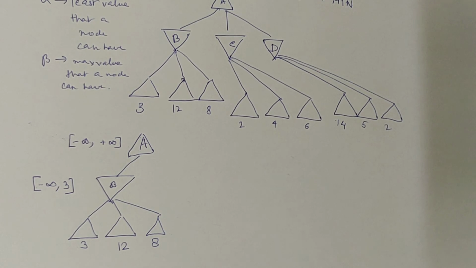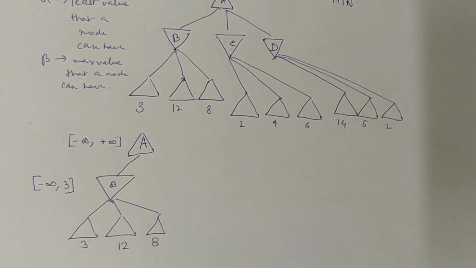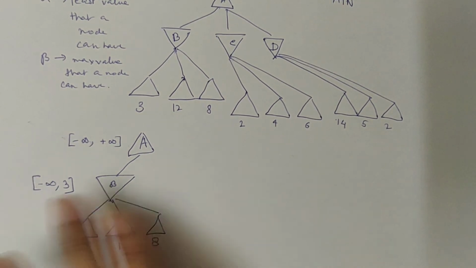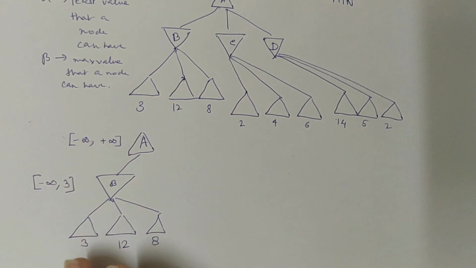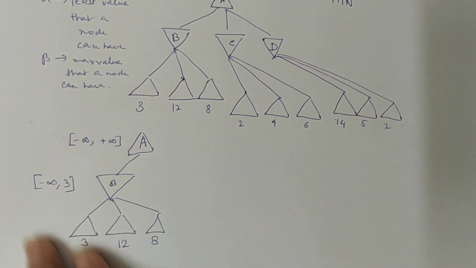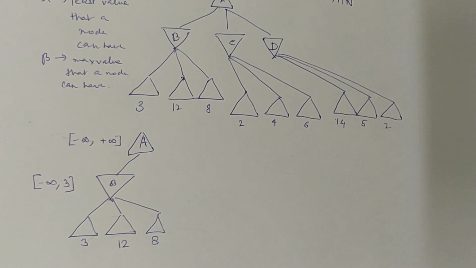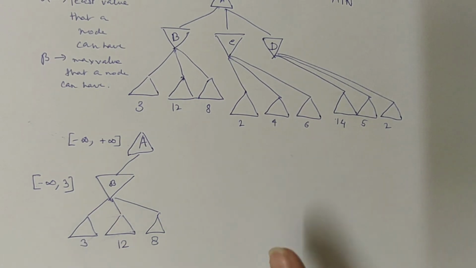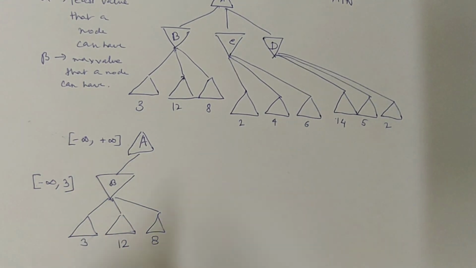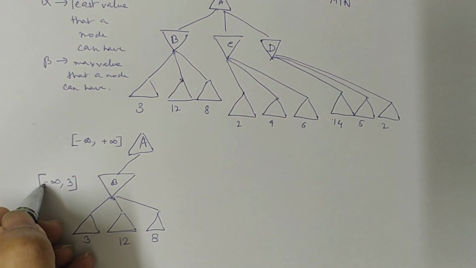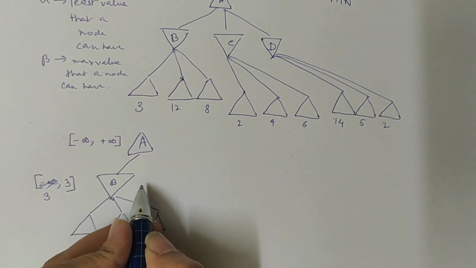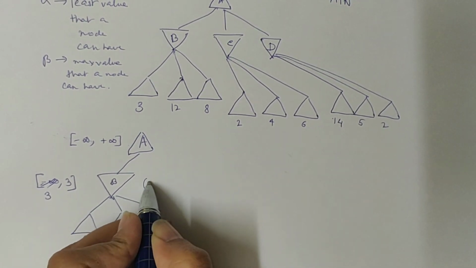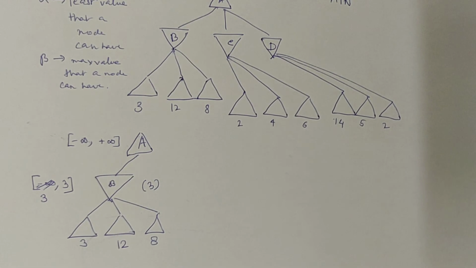It will not choose 8. So B now says that my least value is 3, and this is the least value I will have to pass because that is the least of them, and I will pass at most 3 because I am a minimizer. So the value of the node B becomes 3 now.